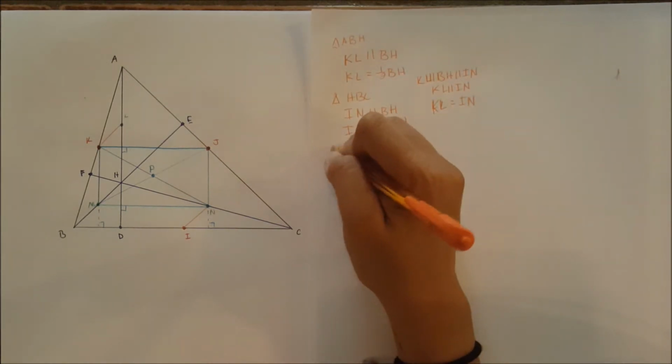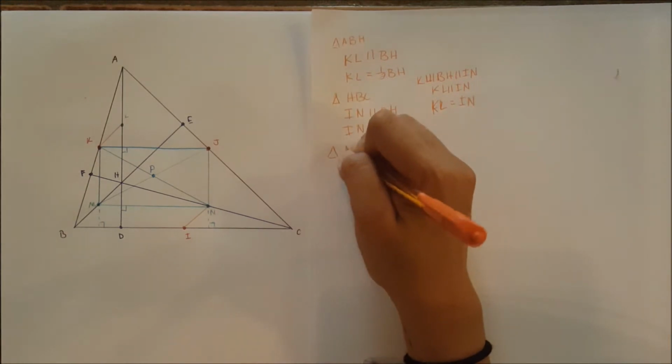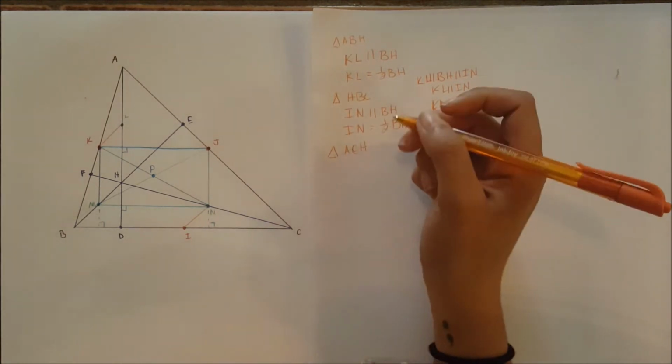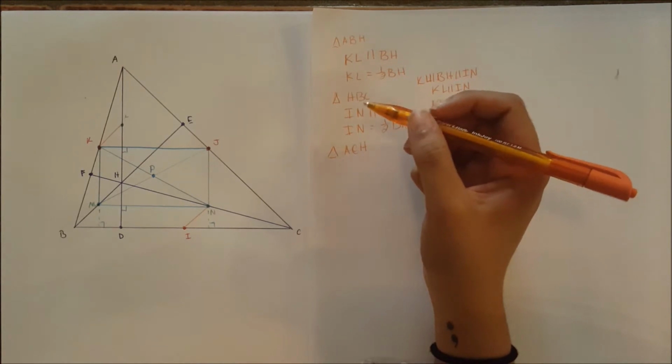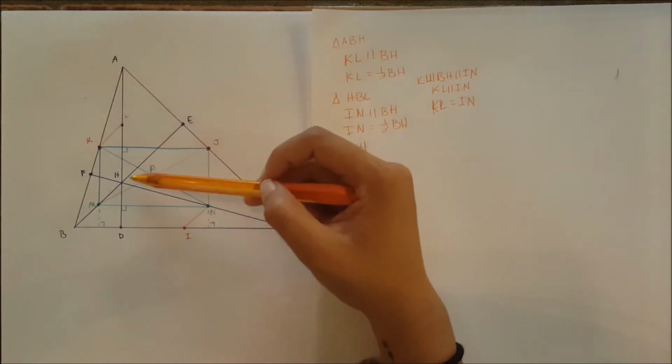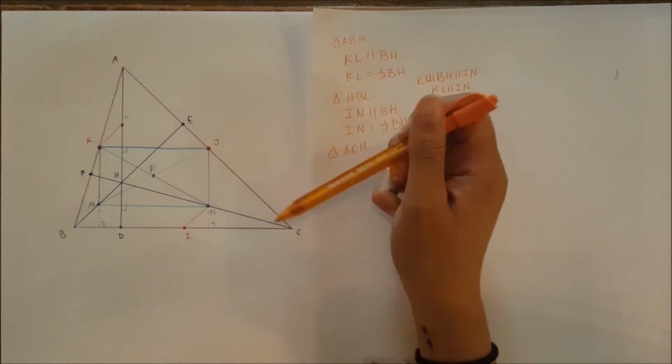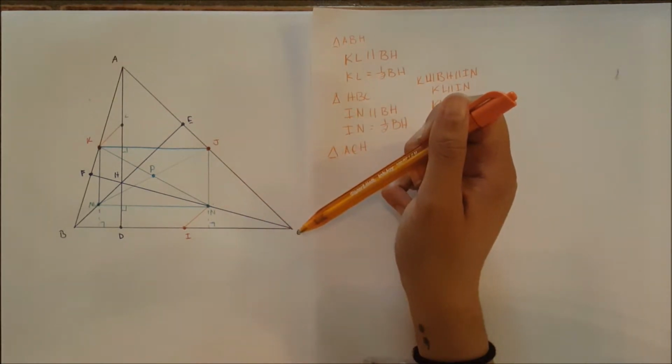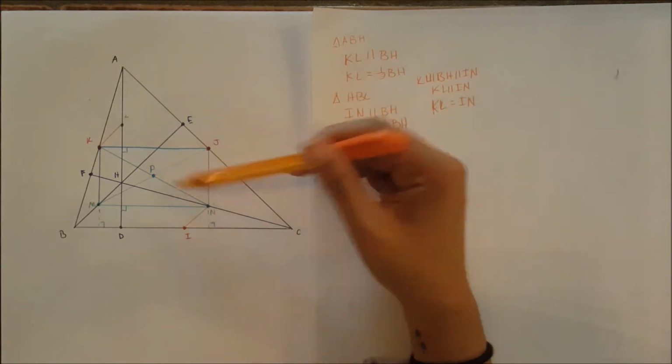So let's look at triangle ACH now. So L is the midpoint of AH, and N is the midpoint of HC.